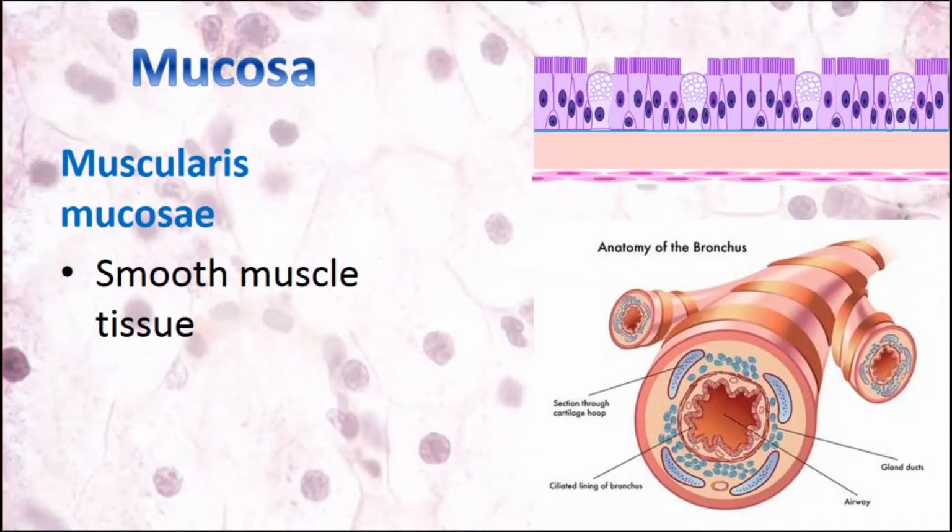Muscularis mucosa is well developed in lower parts of the bronchial tree, in small bronchi, and later we'll see what the clinical significance of this muscularis mucosa is, because it's very important.